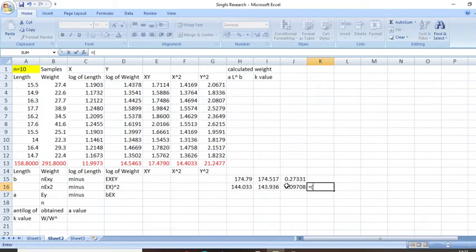So now numerator divided by denominator, you will get the b value.